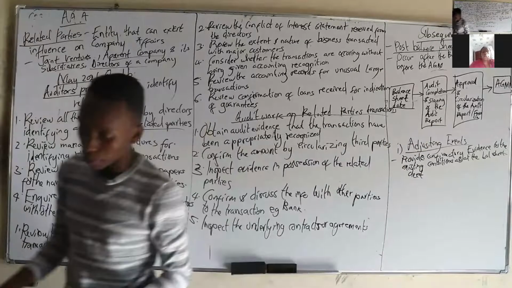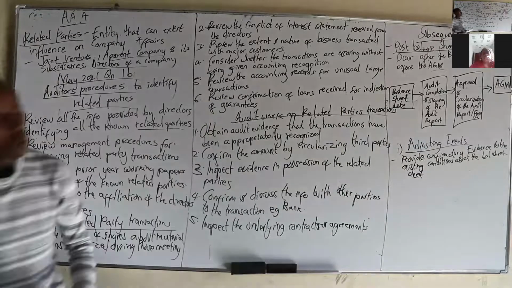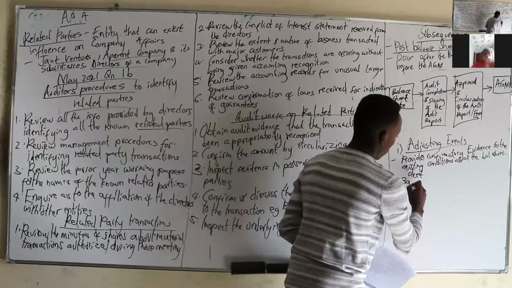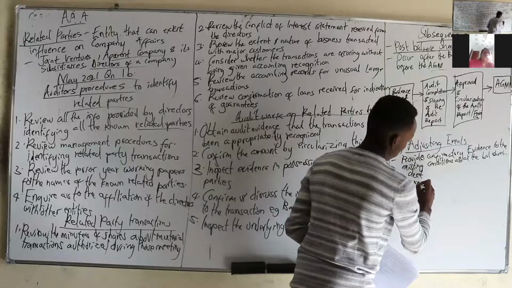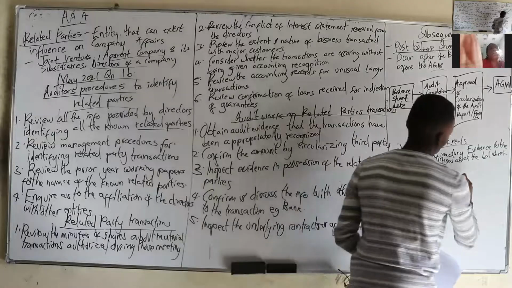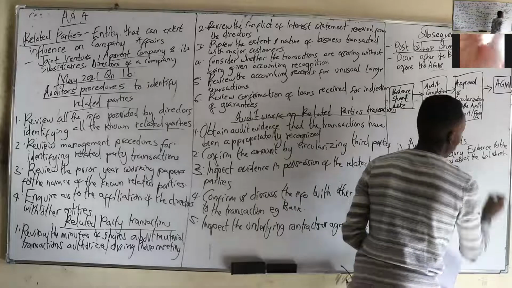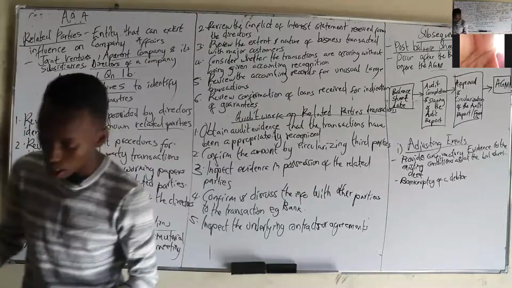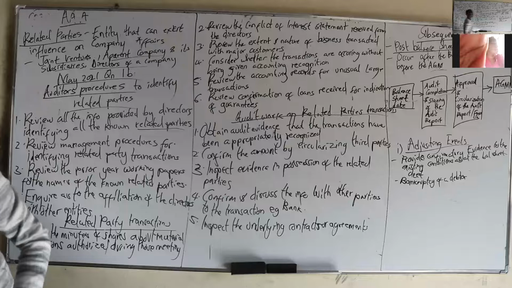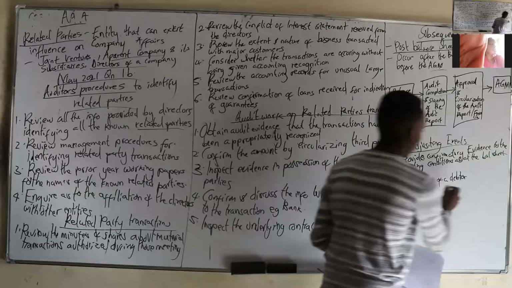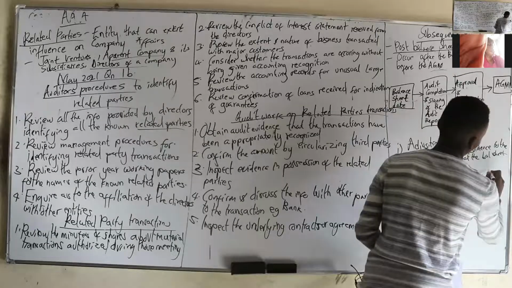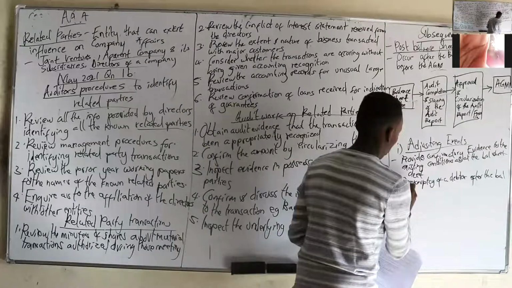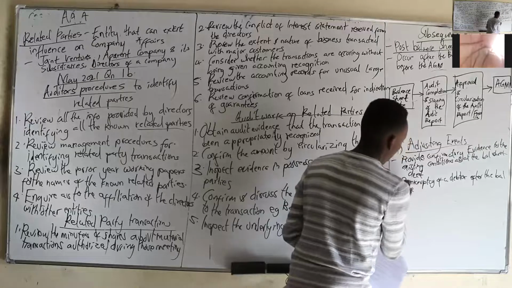Now, some examples of this adjusting event would be, for example, the bankruptcy of a debtor as at the balance sheet date, which means that we have to make a provision for the bad debts. Bankruptcy of a debtor after the balance sheet date means that our debtors should be corrected or adjusted.